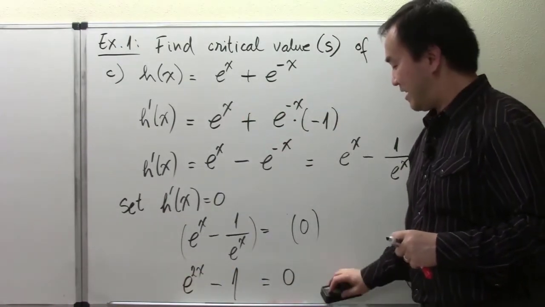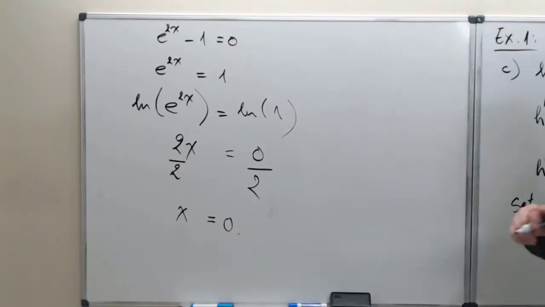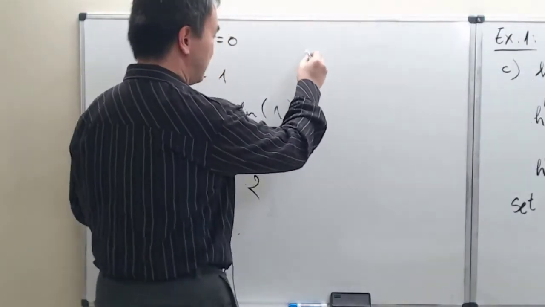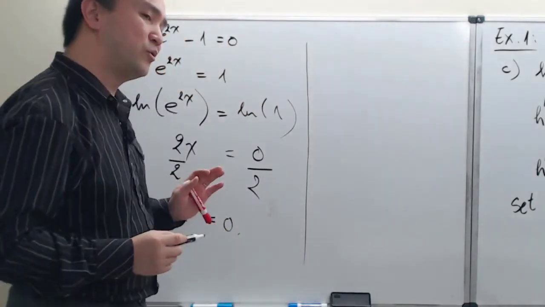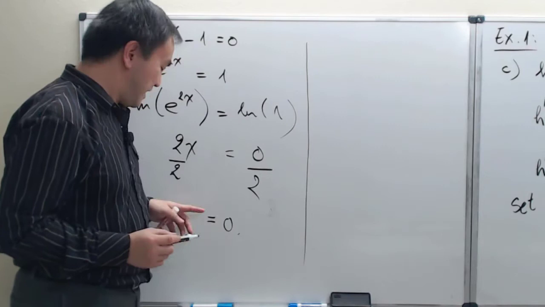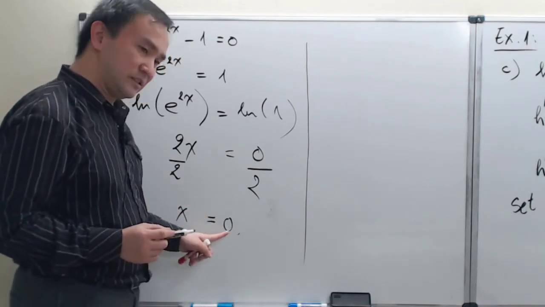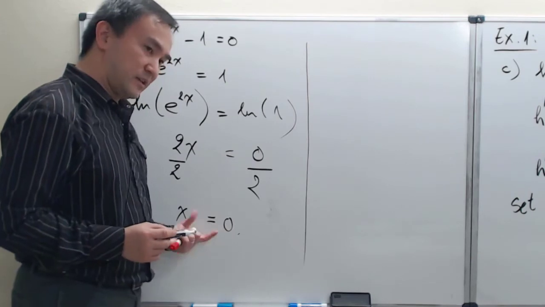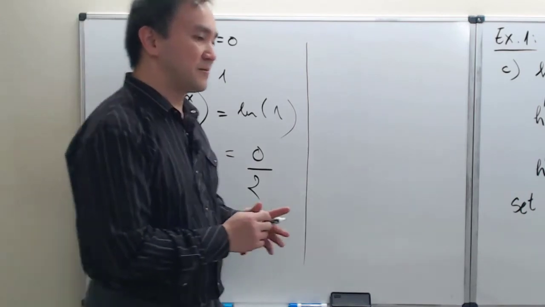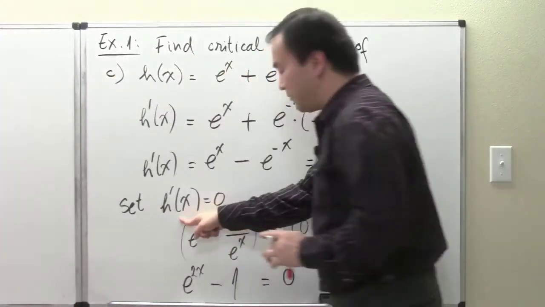And so now in that way, what have we found for ourselves? The question in the beginning was to find critical values. What we came up with is that x is our critical value here, because this x value gives me a 0 value for my h prime.